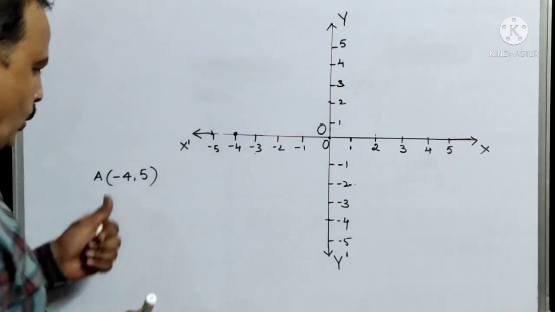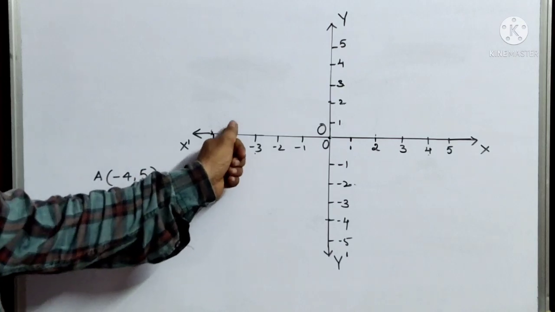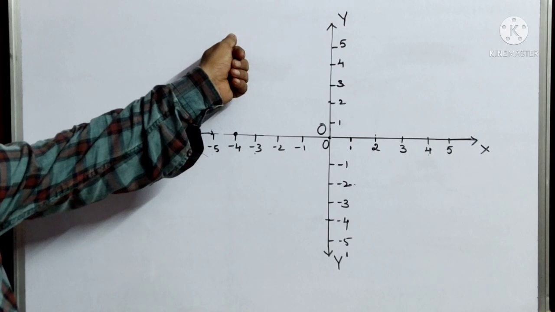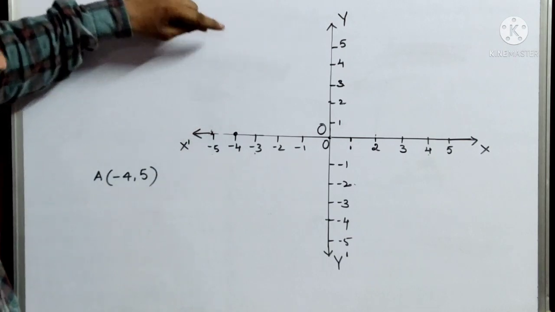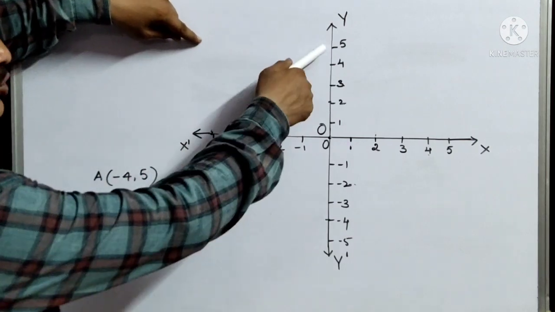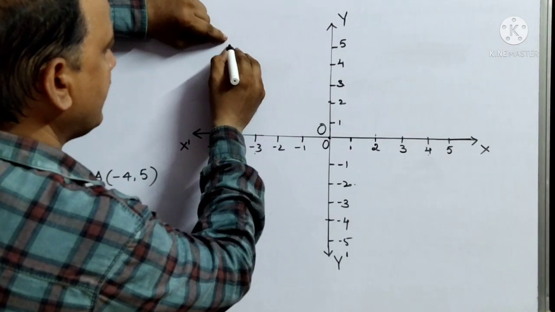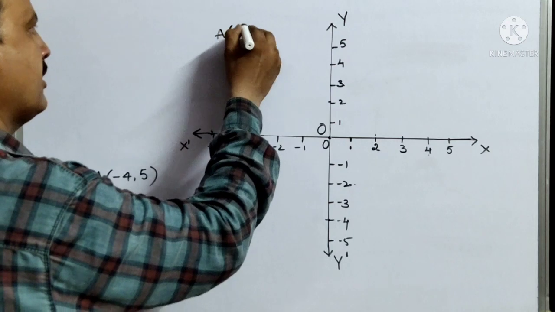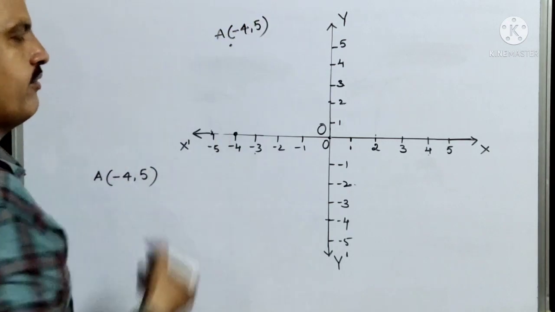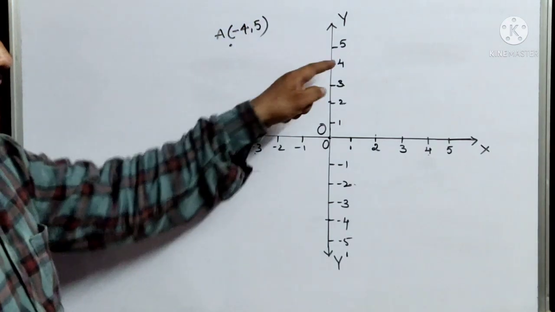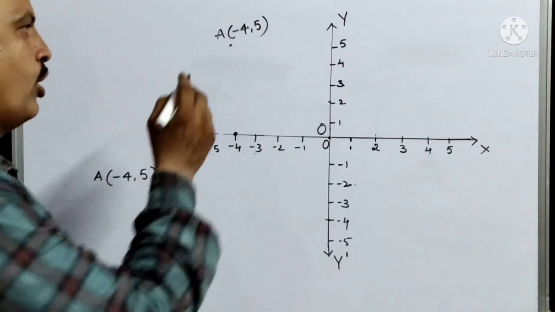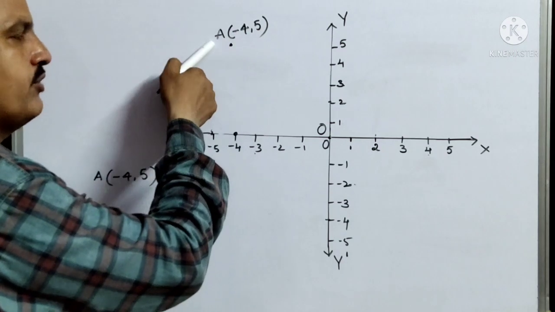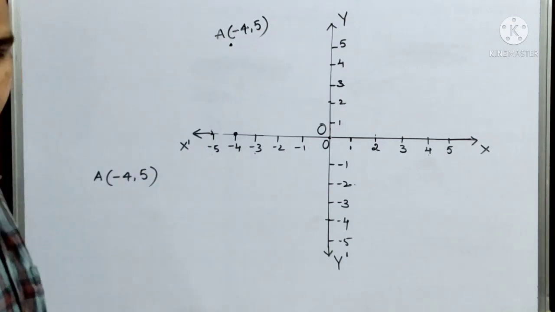That means minus 4 is there, no? Go along with that in a straight line, in the perpendicular direction. Up to where do we have to go? Up to 5. Then simply you can write here A (minus 4, 5). No need to draw any line like this. Just keep a dot with a pencil and write A (minus 4, 5) with a pen.